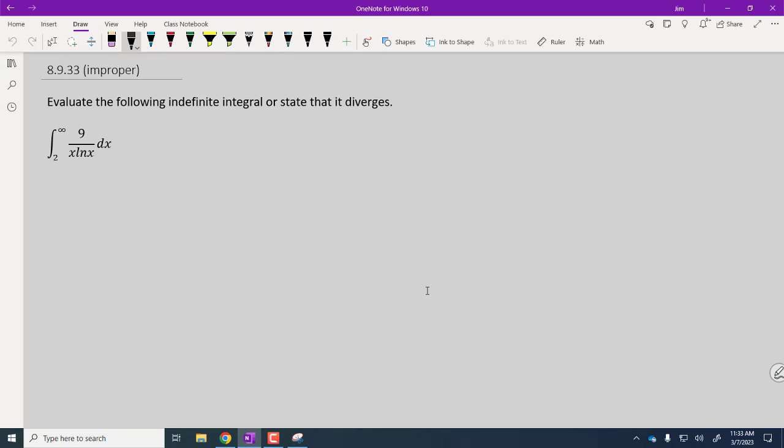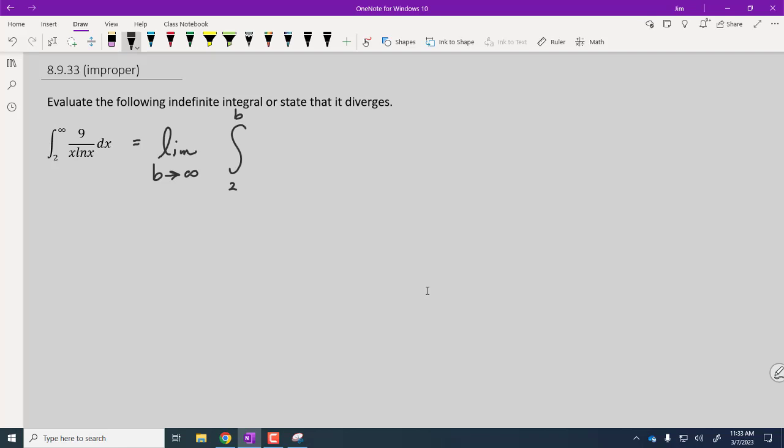All right, so limit 2 to infinity, horizontal tail or vertical tail? Horizontal. If we see an infinity in one of the limits of integration, we know it's going to be a horizontal tail. Okay, so immediately we write down the limit as b goes to infinity, 2 to b.